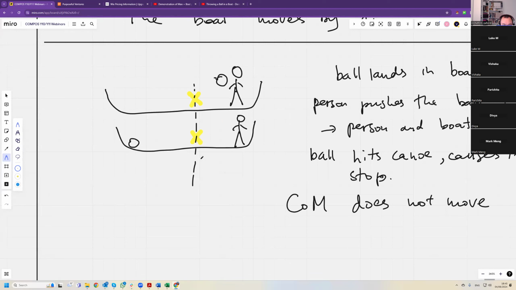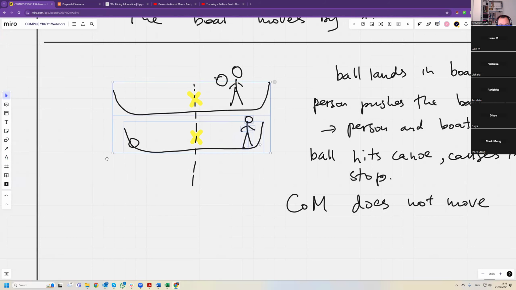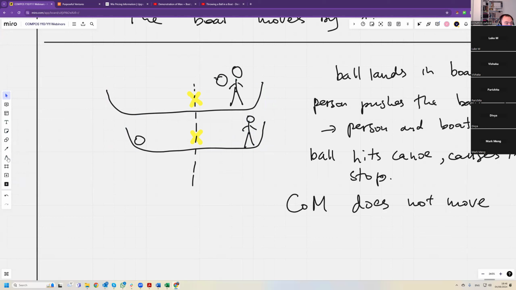Look, maybe I haven't drawn it properly, but here, before you throw the ball, if you're throwing the ball into the boat, you are closer to the center of mass of the system. This is the center of mass of person plus ball plus boat.